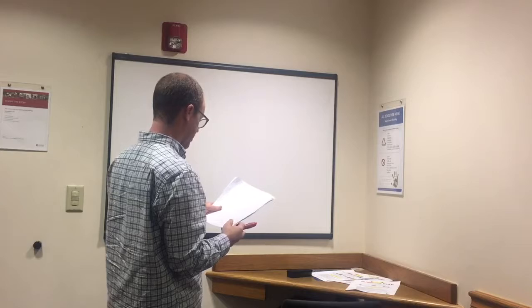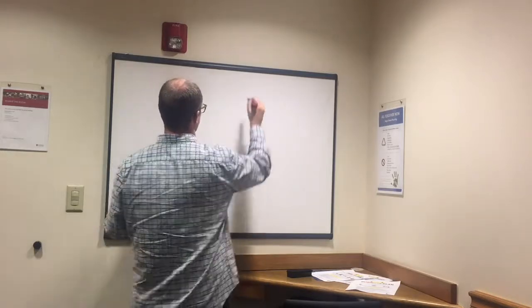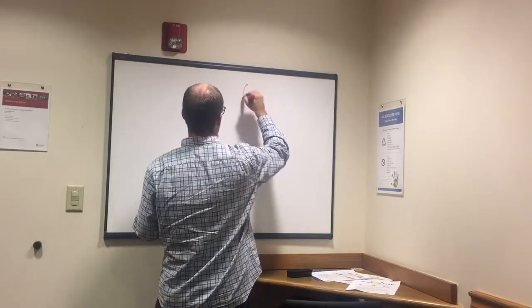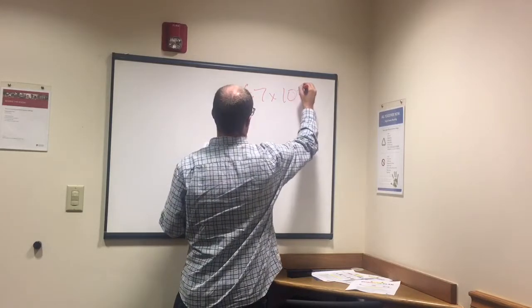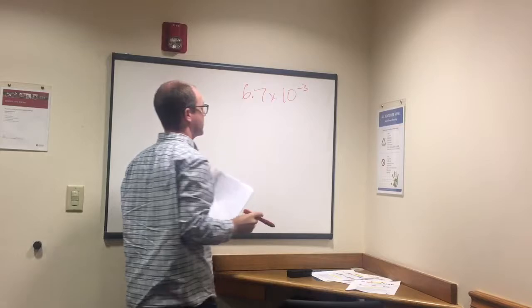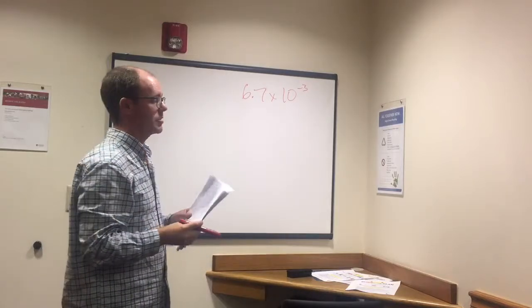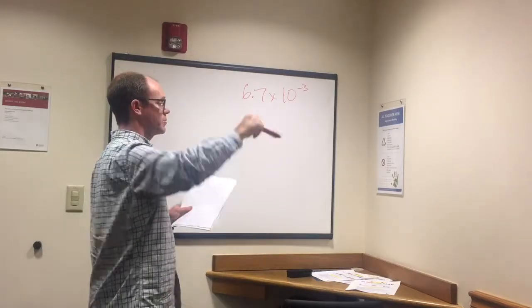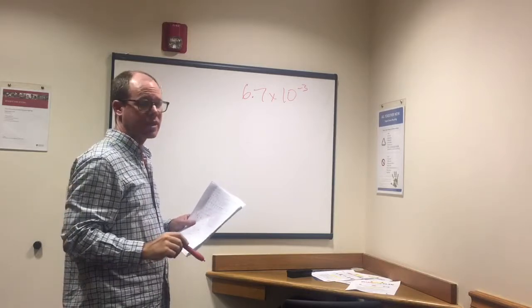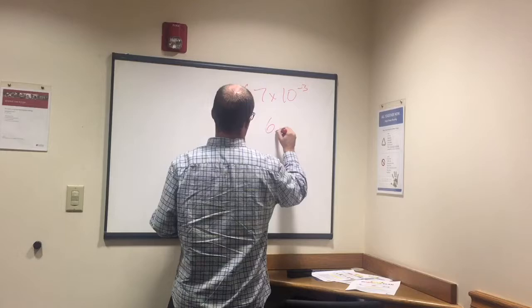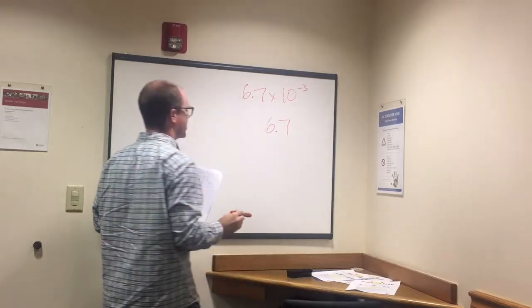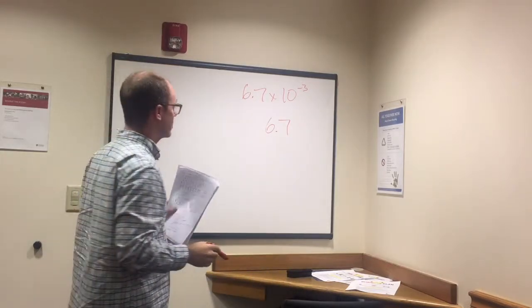Now let's look at a different one. 6.7, we're going to be using that 6.7 a lot in this video, times 10 to the negative 3. When it was 3, it was 3 decimal places to the right. When it's negative 3, it's going to be 3 decimal places going the other direction, to the left.